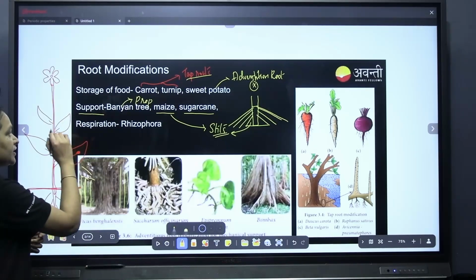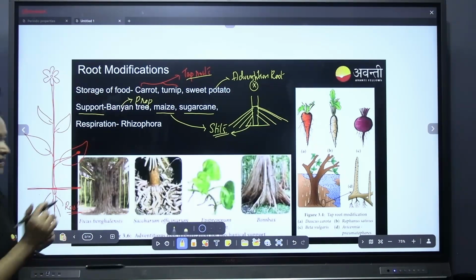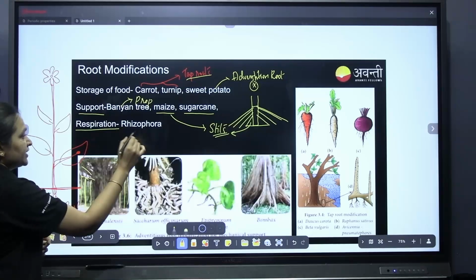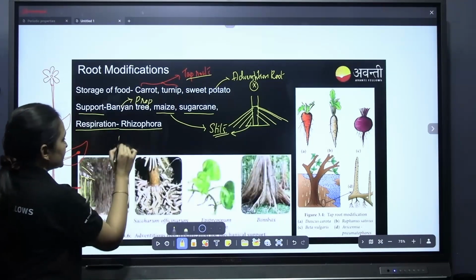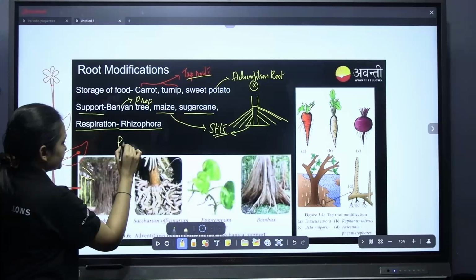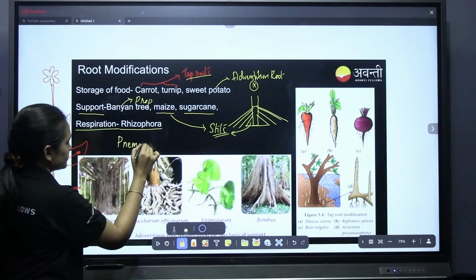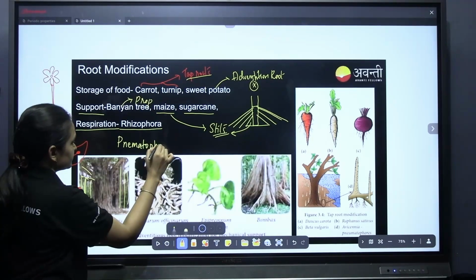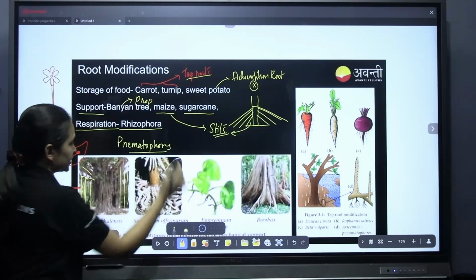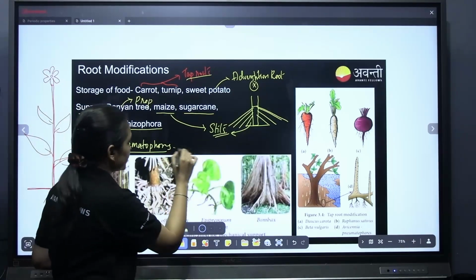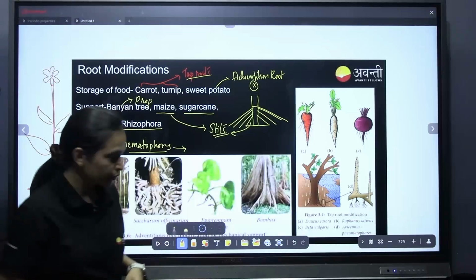Another modification we can see is for respiration. In Rhizophora, we call these pneumatophores. Why? Because in these plants the roots will be submerged.